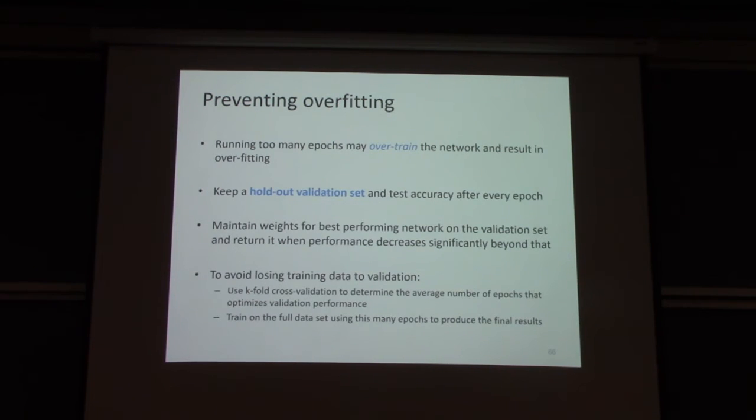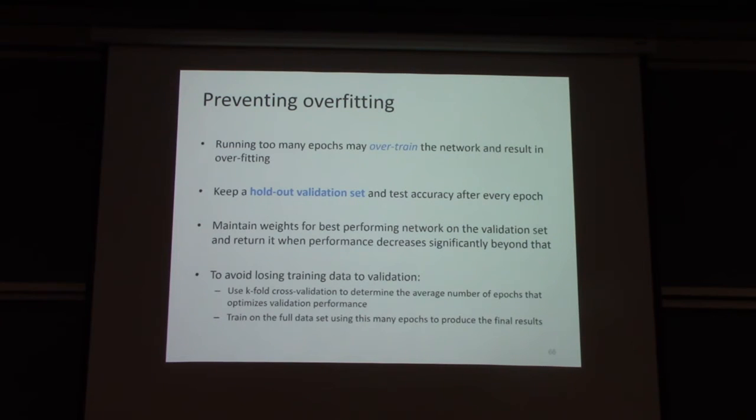The problem is, suppose you don't do cross-validation, you just have this one validation set. You effectively are giving up training data in order to do this kind of hyperparameter selection.